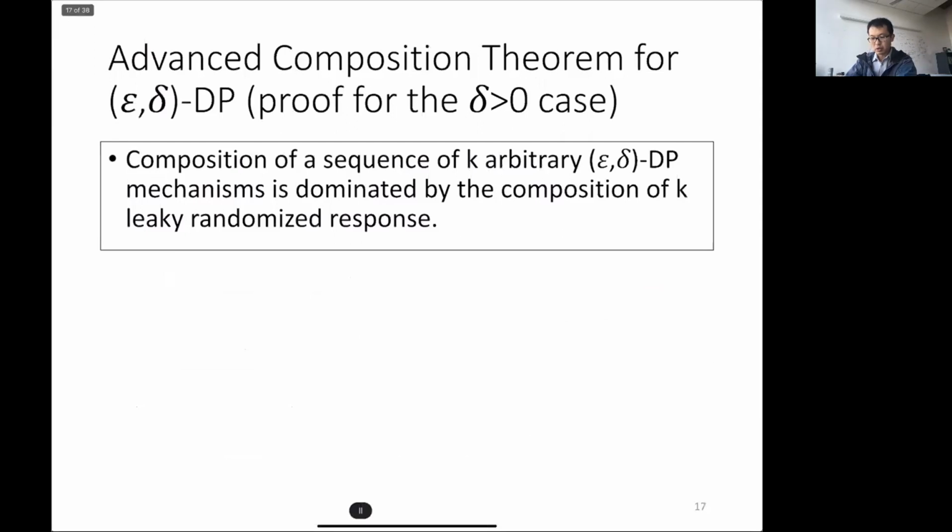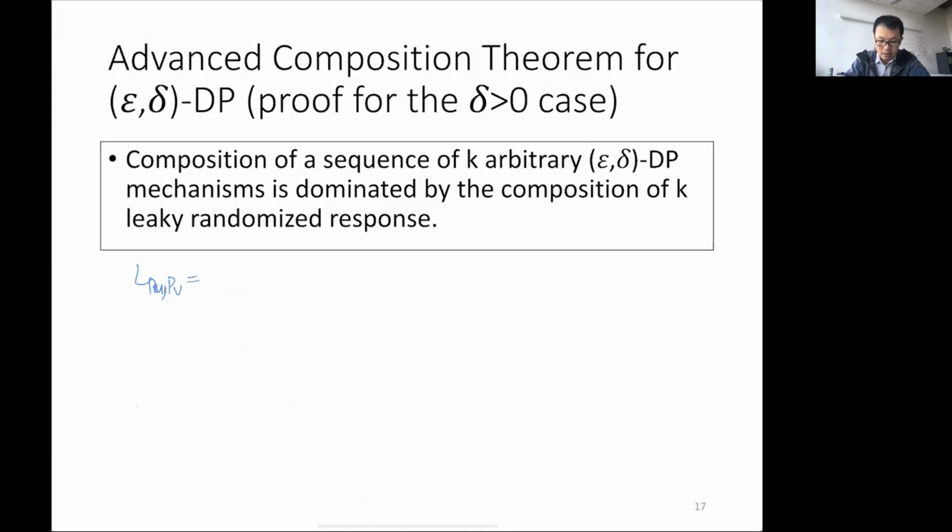To provide a bit more detail on the advanced composition theorem, let's take a look at the privacy loss random variable of the leaky randomized response. Again, the privacy loss random variable is a function of a pair of neighboring datasets, or a pair of distributions.